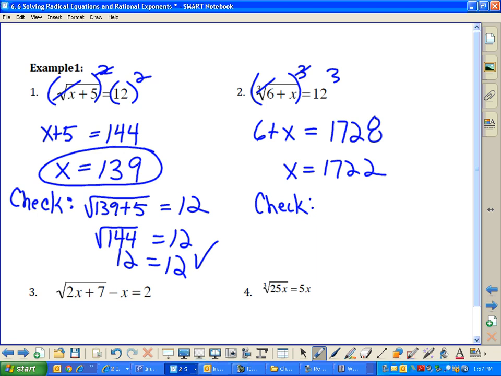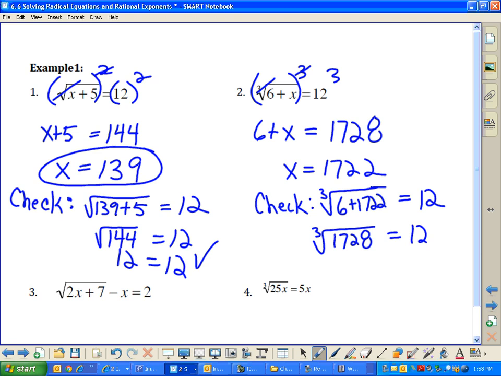I check it by substituting 1,722 back into the original equation. The idea here is that I should generate a true statement. So here's me subbing in 1722. Order of operations says I should take care of what's underneath that radical first. It's like a grouping symbol. And then the cube root of 1728 is 12. I generated a true statement, so I know my answer is correct.